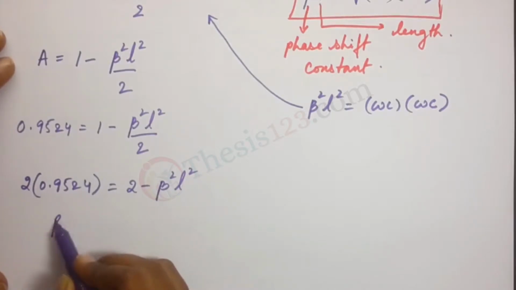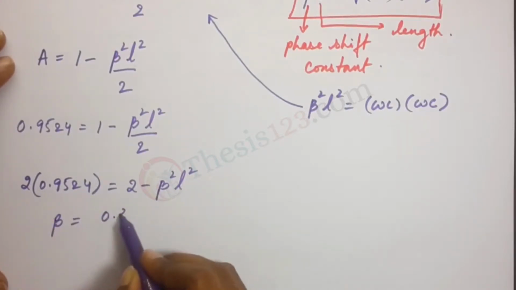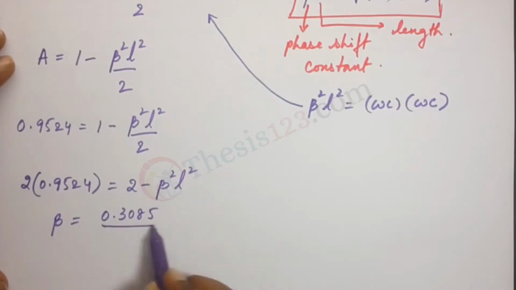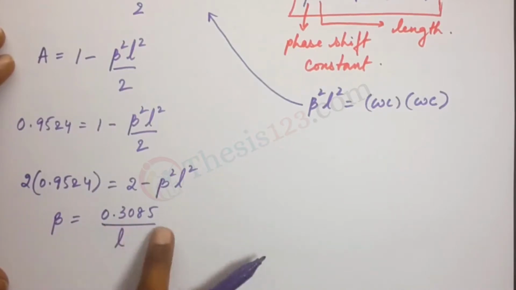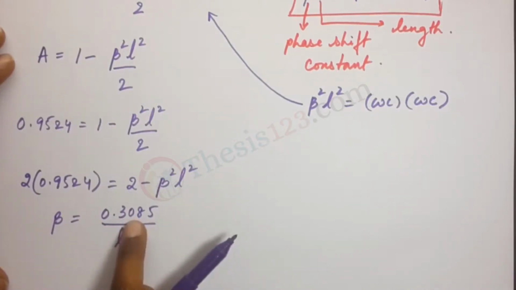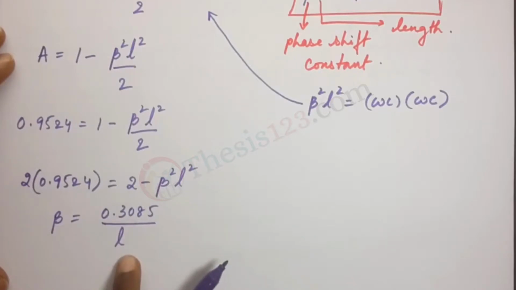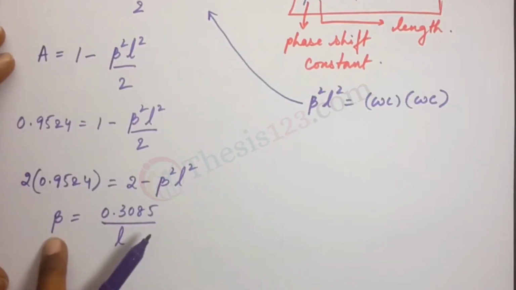So solving this even further, we get beta is equal to 0.3085 divided by L. Now I'm writing it in terms of beta is equal to 0.3085 divided by L, so that we can remove beta.